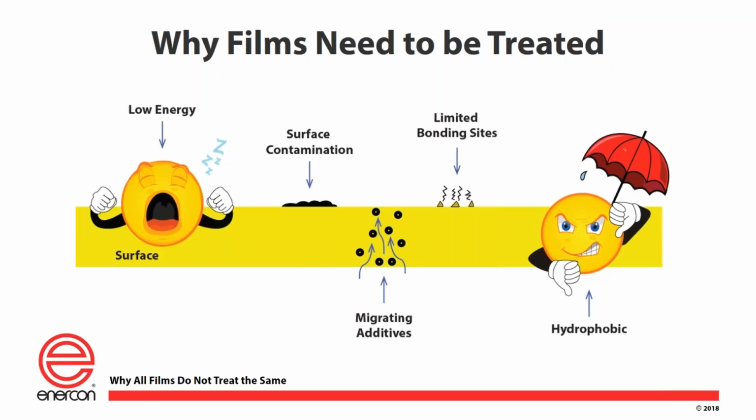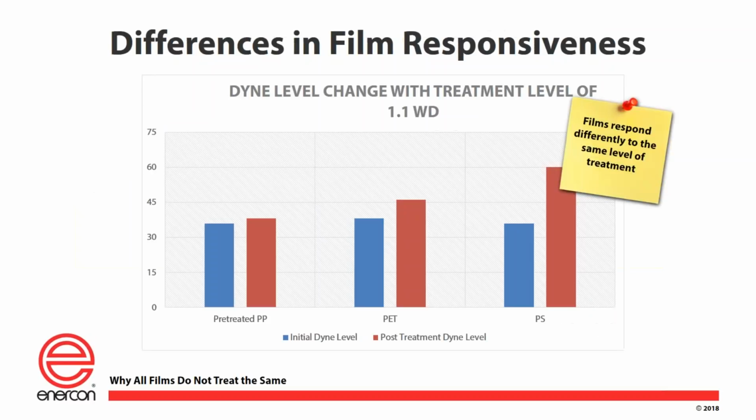That material would not be able to be treated. So what do we have to do? Well, the corona treater has to take that surface and remove some of these surface contaminants. We've got to bring this low energy back up to a higher dyne level, a higher energy surface, to improve the bonding sites and improve its ability to grab onto an ink, an adhesive, or a coating to give you success.